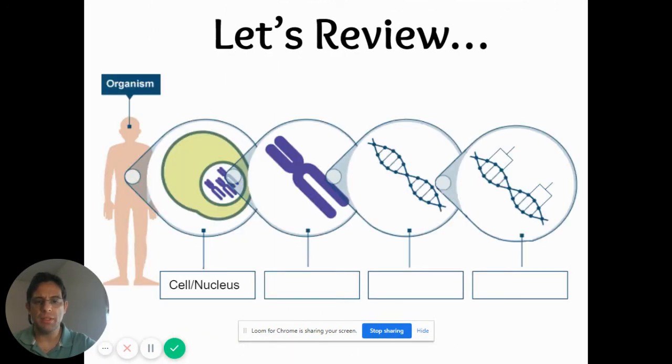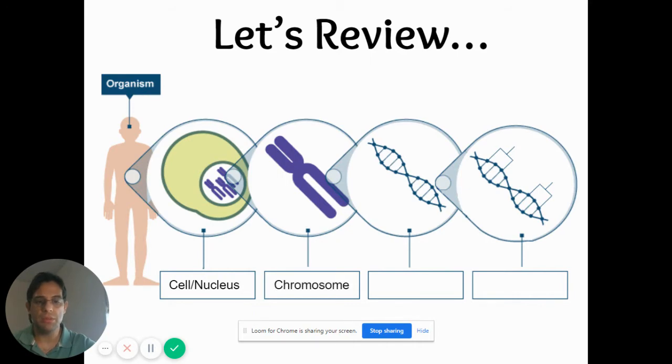Let's review something before we actually go a little deeper on this topic. So we all know that an organism is made of cells, and cells have their central command, which we call the nucleus. Inside the nucleus, you can find a specific part of this code for controlling everything that happens in your cell, which is made of DNA and proteins.